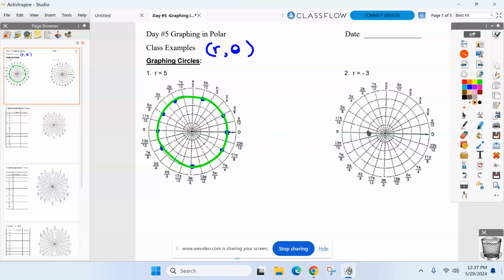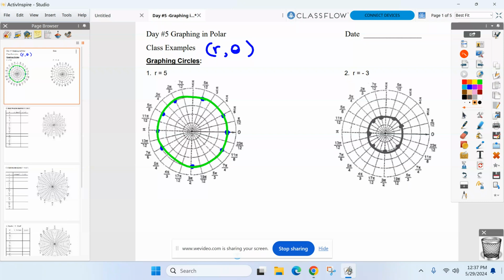Even if you go in the opposite direction, you're still graphing 3 away from the pole. So r equals a number will just be a graph of a circle.